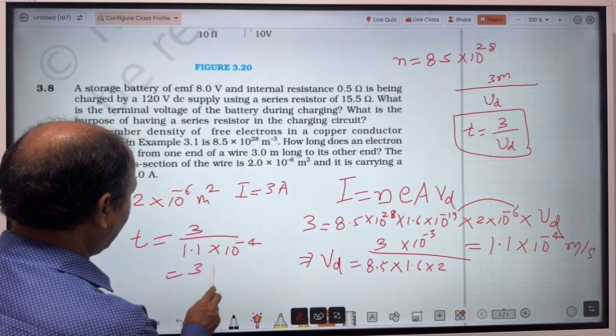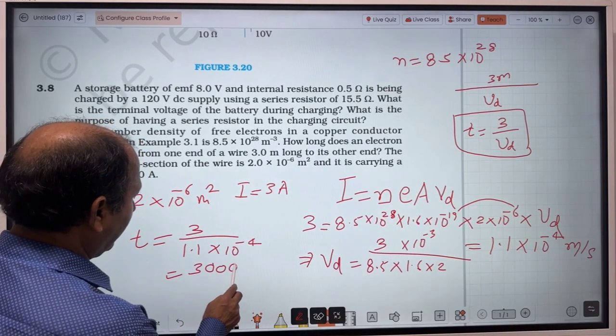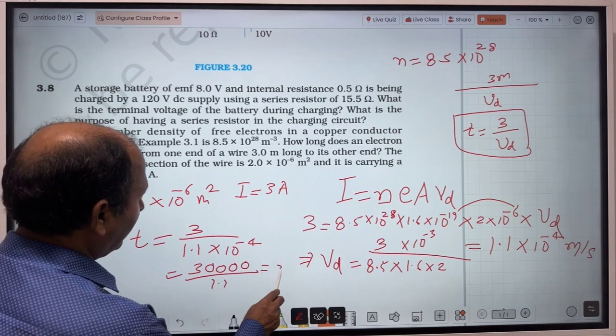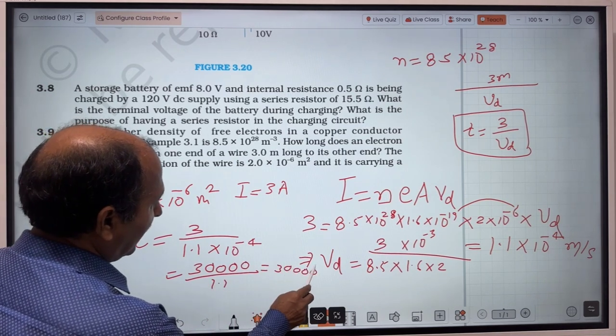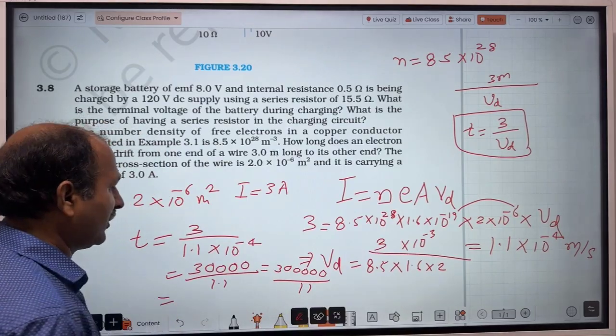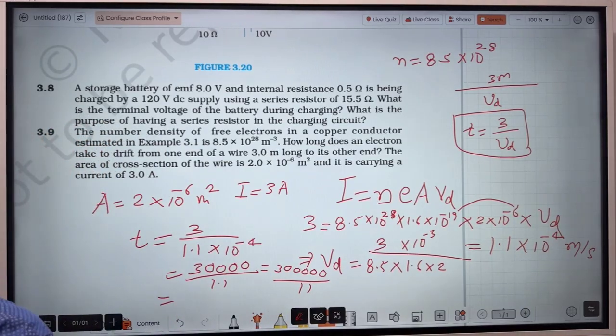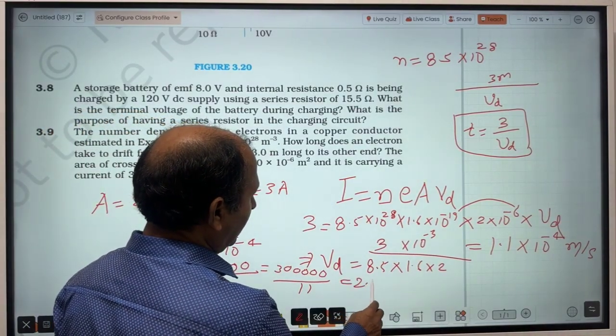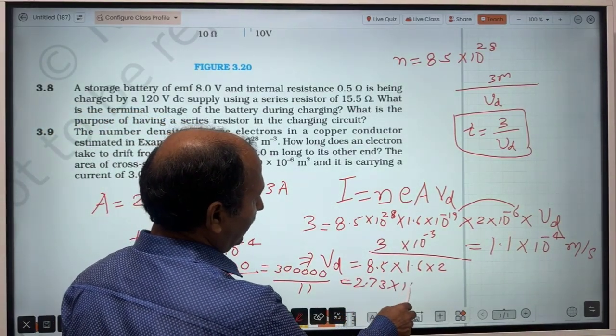This will become 3 followed by 4 zeros divided by 1.1, or 3 followed by 5 zeros divided by 11. Now just evaluate how many seconds you are getting. It will be 2.73 into 10 to the power 4 seconds.